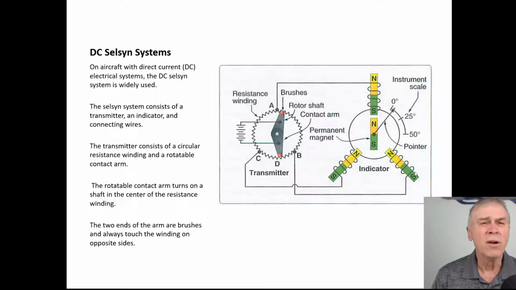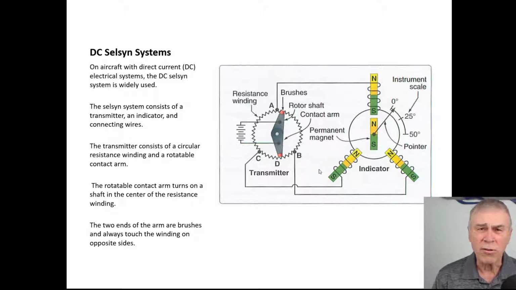The transmitter consists of a circular resistance winding, and basically the resistor isn't just a short resistor with a wire attached. It's a resistor that is circular in motion. And you can see you can tap into it at different points.